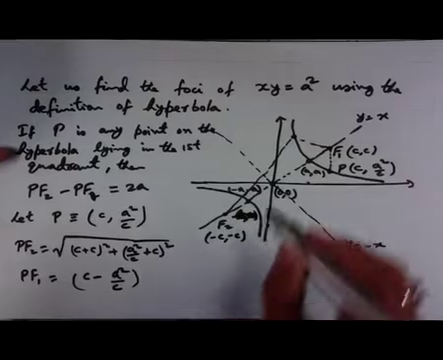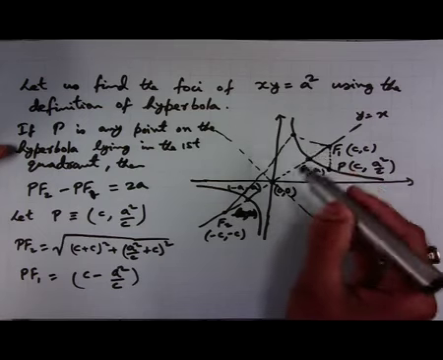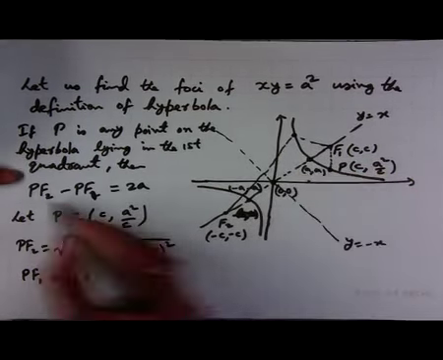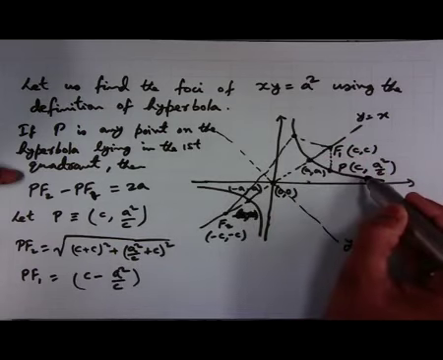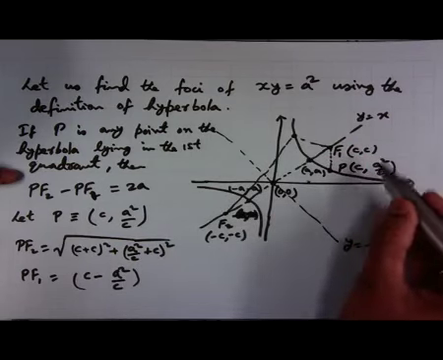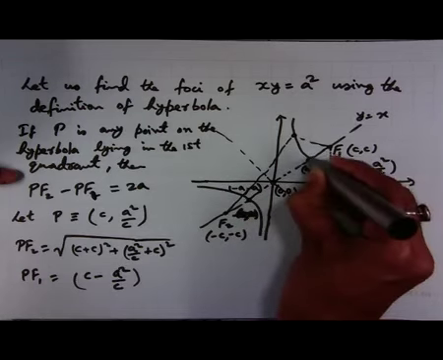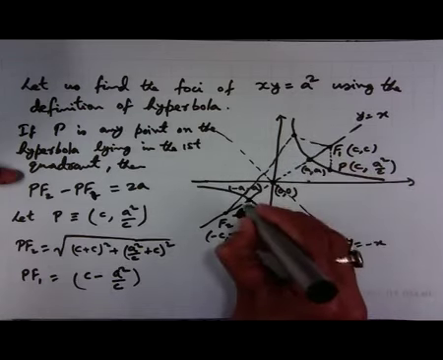I think we made a mistake here. The difference of any point, P F2 minus P F1, must be constant, but the constant is equal to the distance between the two vertices.